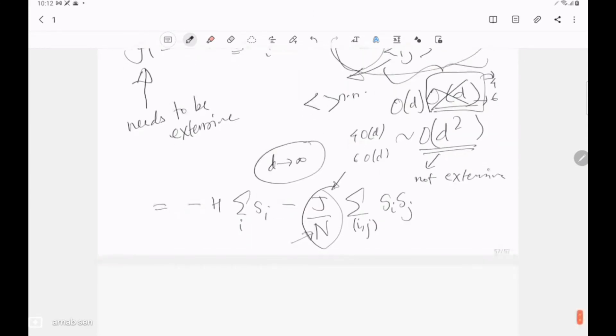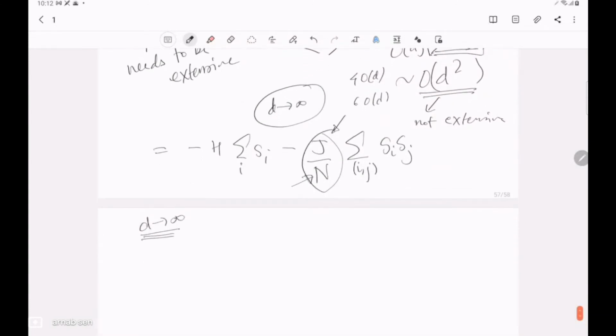Okay. So basically, to imagine this limit, what you should think about is that they are basically endpoints. And each point, so let me use a different color, each point is interacting with all the other points, like this.